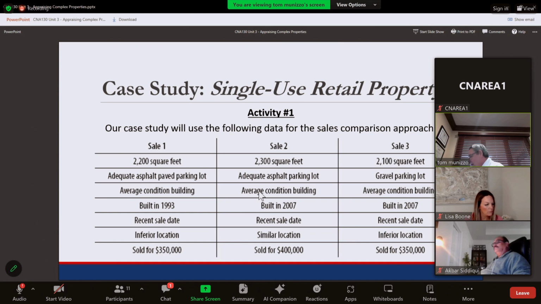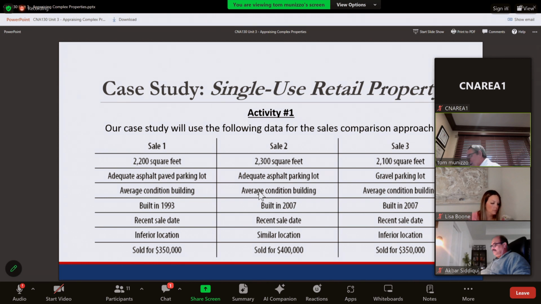Sales 1 and 3 are inferior in location. Sale 2 is similar in location. We can see that the 2 in inferior locations sold for $350,000 as opposed to $400,000 for sale 2. It gives us the adjustments, which are typically made on a percentage basis.